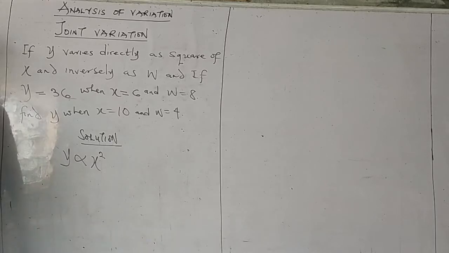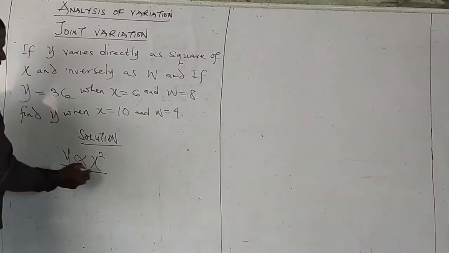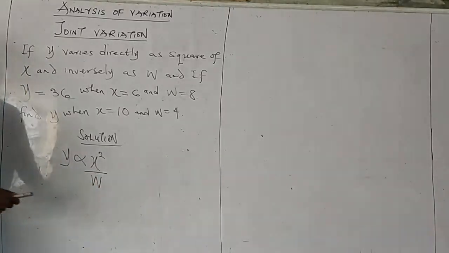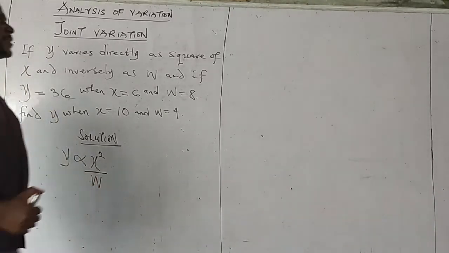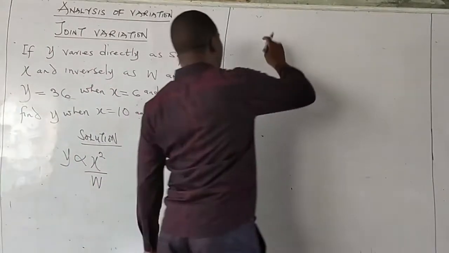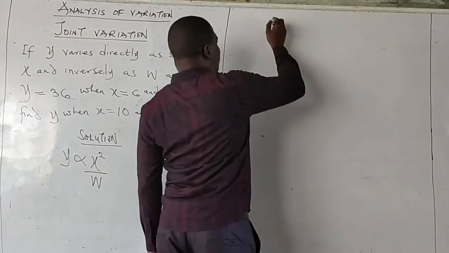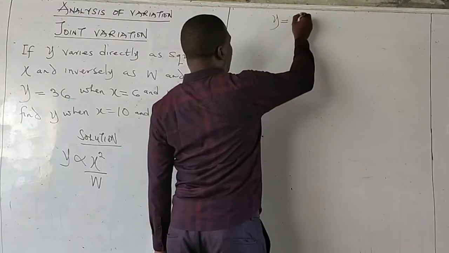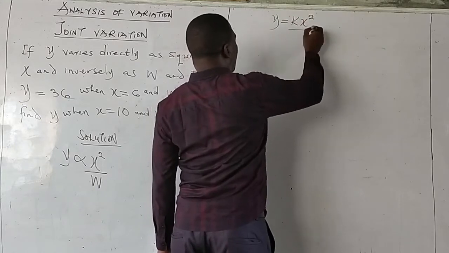Then inversely as what? All over w. So if I now want to write this, what will I write? Equals kx squared all over w.